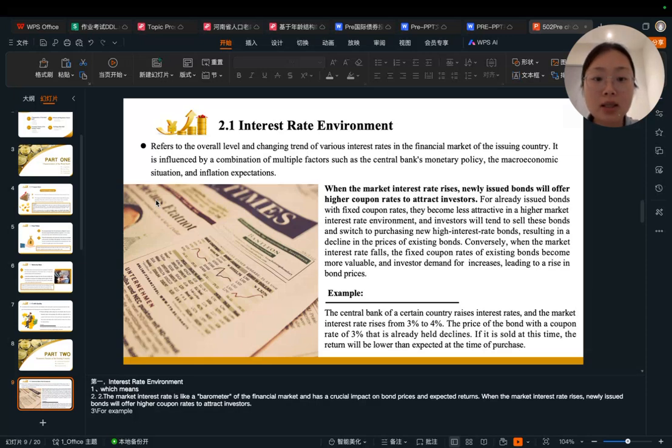When the market interest rate rises, newly issued bonds will offer higher coupon rates to attract investors. For example, the central bank of a certain country raises interest rates and the market interest rate rises from 3% to 4%. If the bond is sold at this time, the return will be lower than expected at the time of purchase.